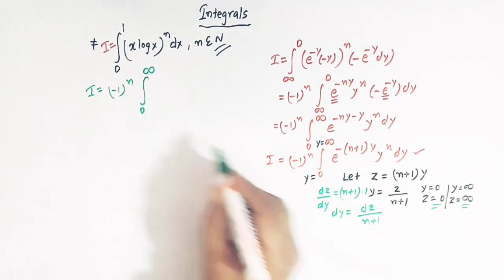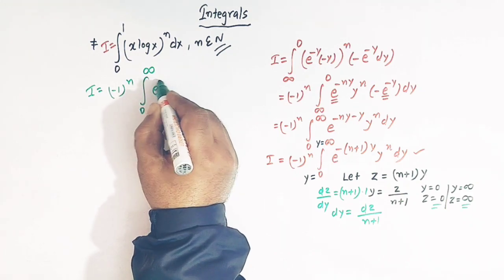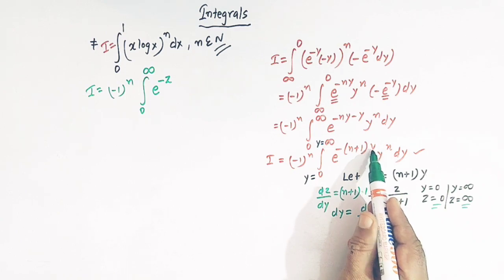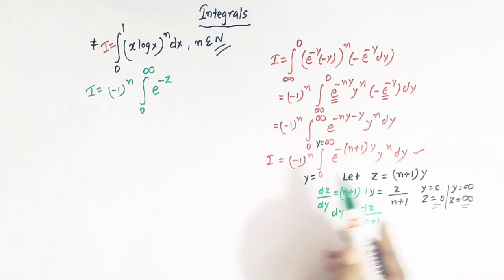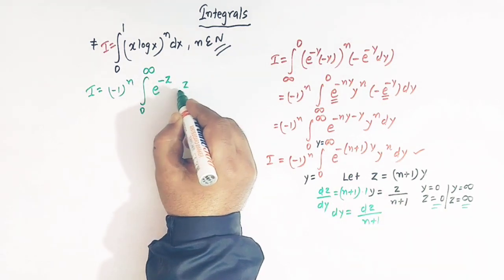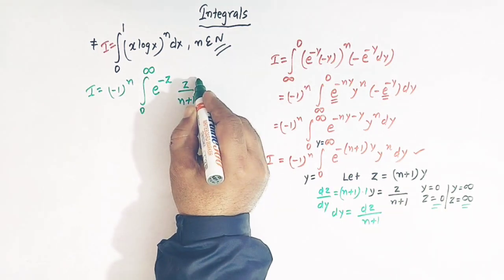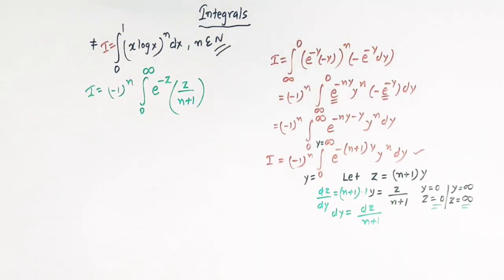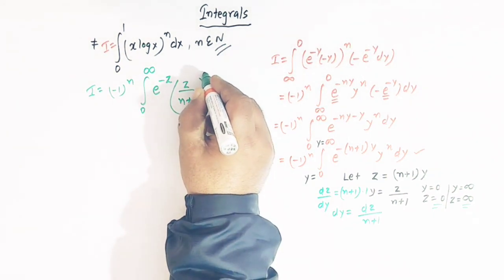And here we have e raised to minus z, since n plus 1 times y is z, and y can be replaced by z over n plus 1, and here we have the power n.